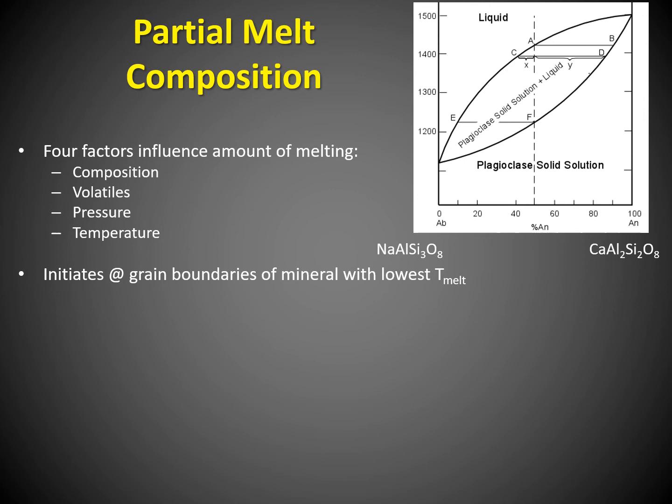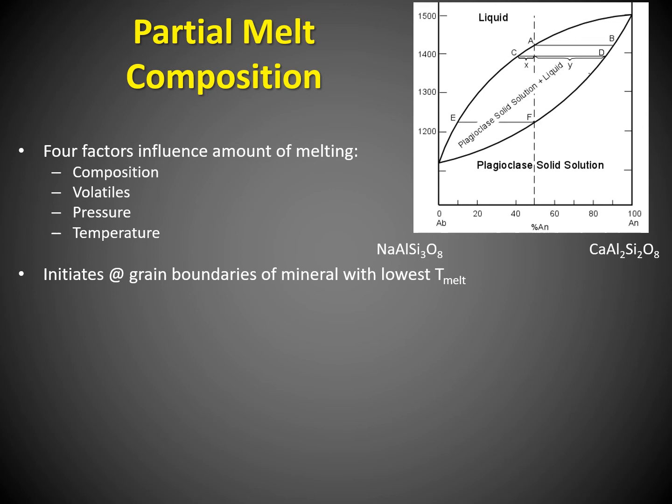It's all solid, right? Above this line, what do we have? All liquid, okay? Here, what do we have? If this is all liquid and this is all solid, it's partially melting in this range. It's not completely melted. So here's what happens with these diagrams.